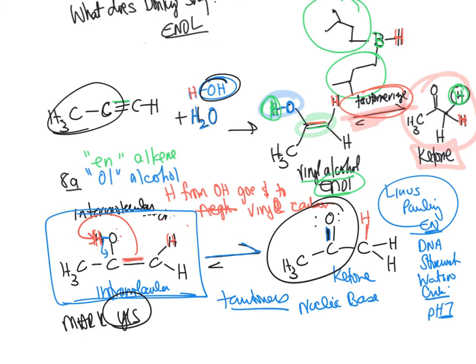Keto-enol tautomerization, number 9. Keto-enol tautomerization is also called a proton jump, as the proton of the OH group jumps to the neighboring carbon.